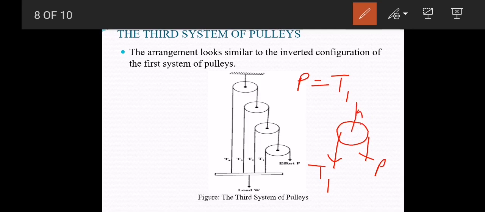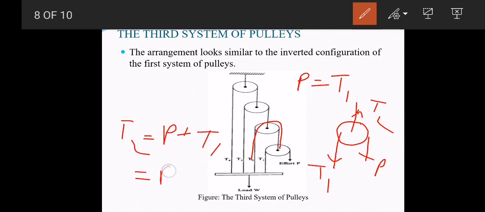And for this it is T2, because T2 is in the same string. So T2 is equal to P plus T1. And what is the value of T1? P. So P plus P, it will be 2P. So T2 will be 2P.